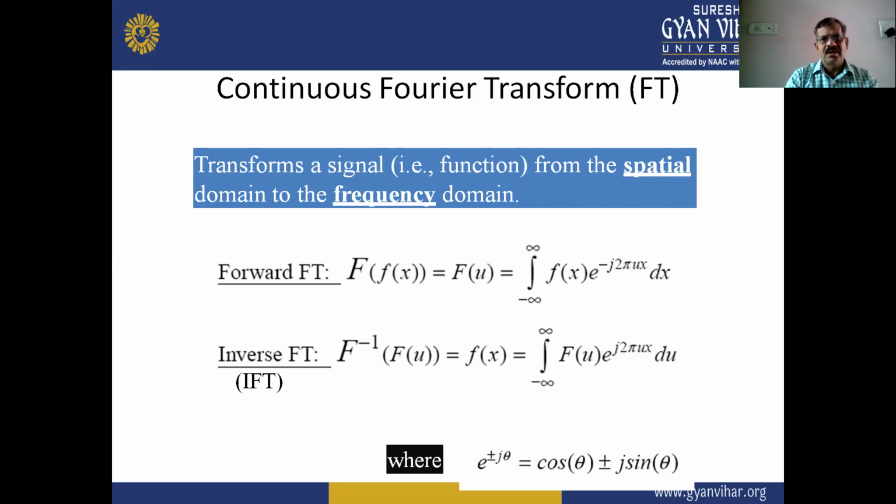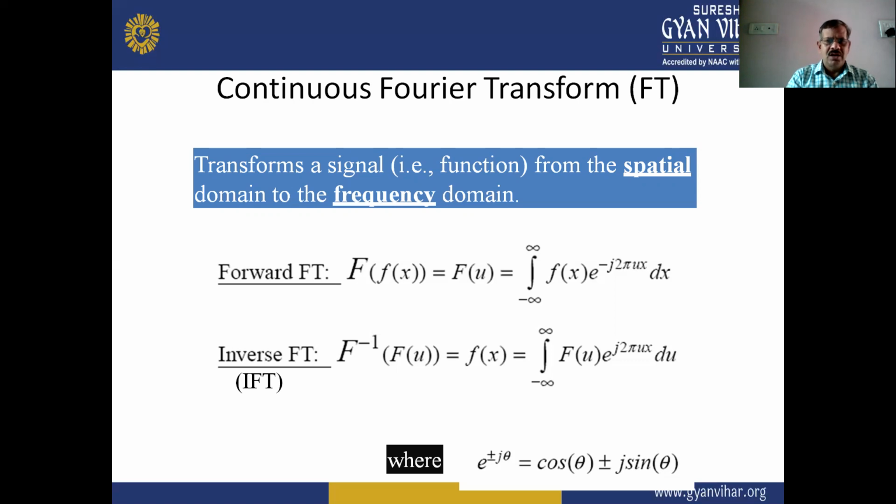So the forward Fourier transform: F(u) equals the integration from minus infinity to infinity of f(x) times e to the power minus j 2 pi ux dx, and the inverse Fourier transform of F(u), that is f(x), equals the integration from minus infinity to infinity of F(u) times e to the power j 2 pi ux du.